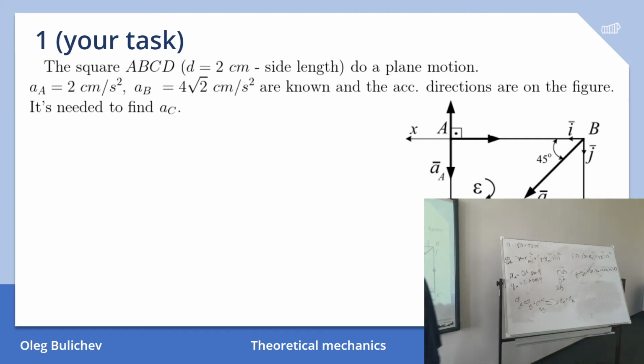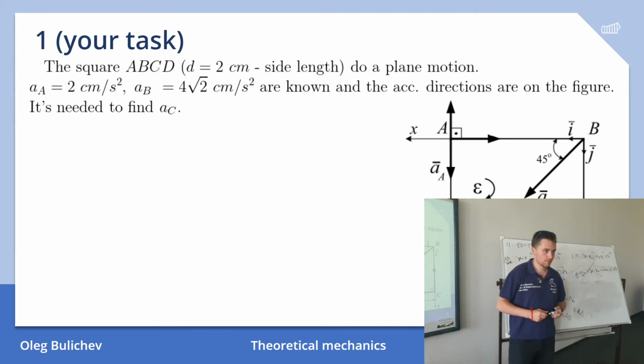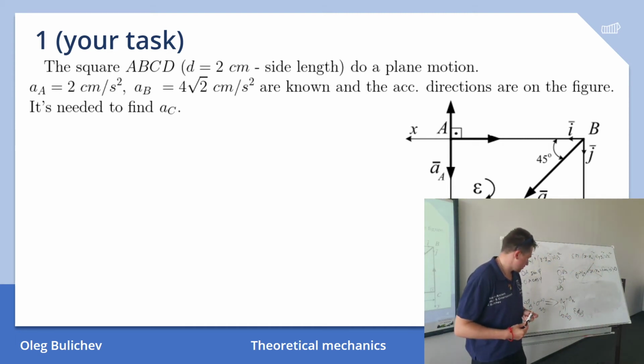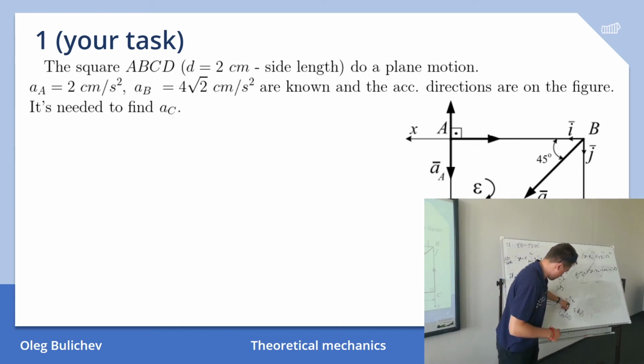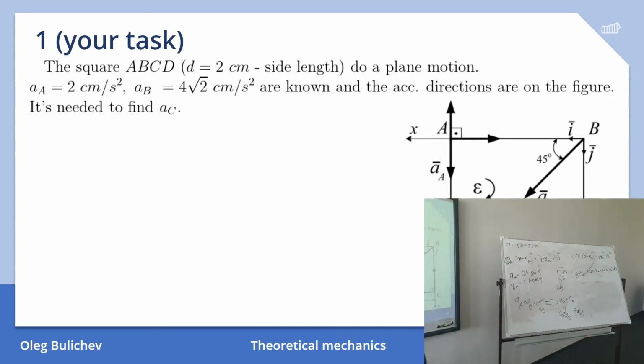So, what can we do with it? How can we find it? Okay, one of them is omega AB, the other epsilon AB. How many variables do we have there?